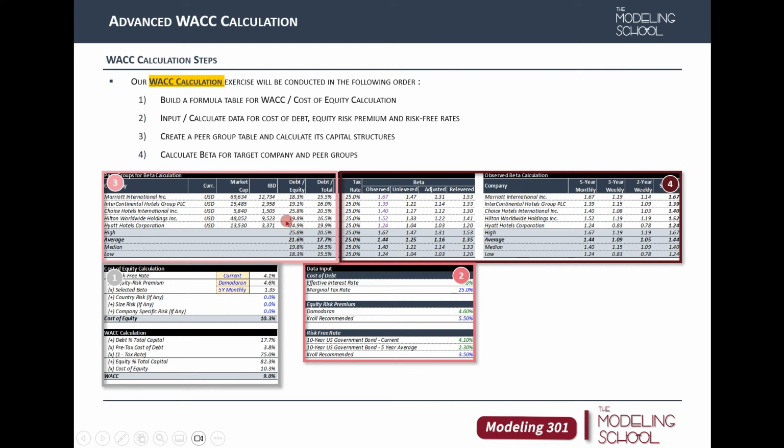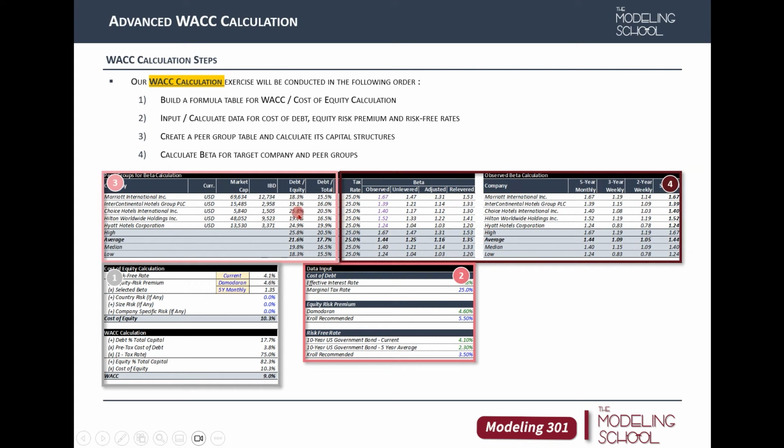And we're going to calculate the capital structure. And lastly, we're going to calculate beta. We're going to manually calculate the peer group's data as well as Marriott International's beta. We're going to unlever it and then re-lever it. And that's going to finalize our weighted average cost of capital calculation.